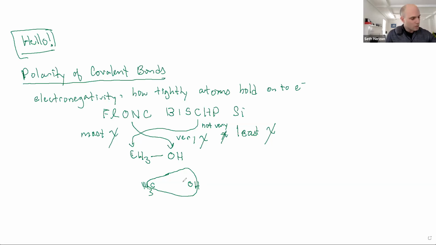So this bubble represents the bonding orbital. And you can see that it's bigger at oxygen, okay?